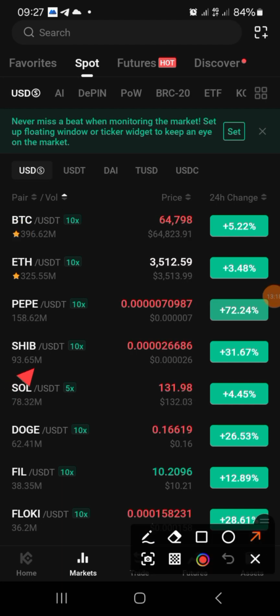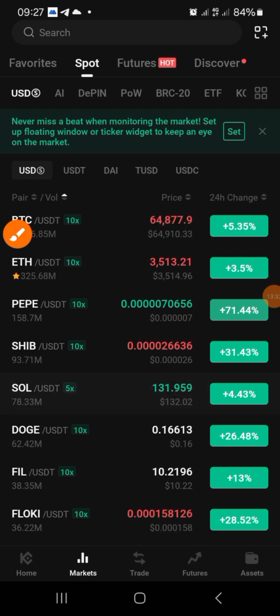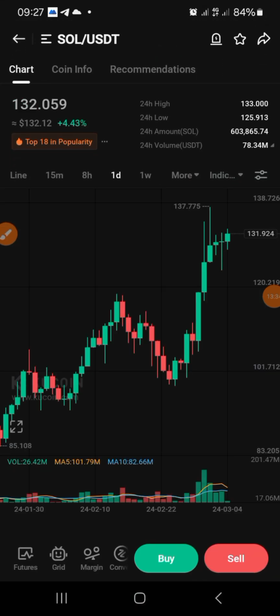I want to trade on SHIB, that is Shiba Inu. Oh, sorry. Okay, let me trade on Solana. SOL, the full name is Solana. So let me trade on that. I feel it's actually going to make up to 10% today. Okay, so this is the interface for you to trade.